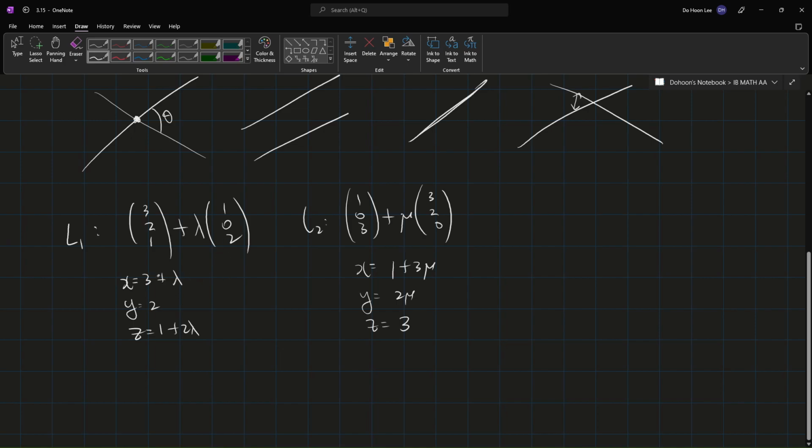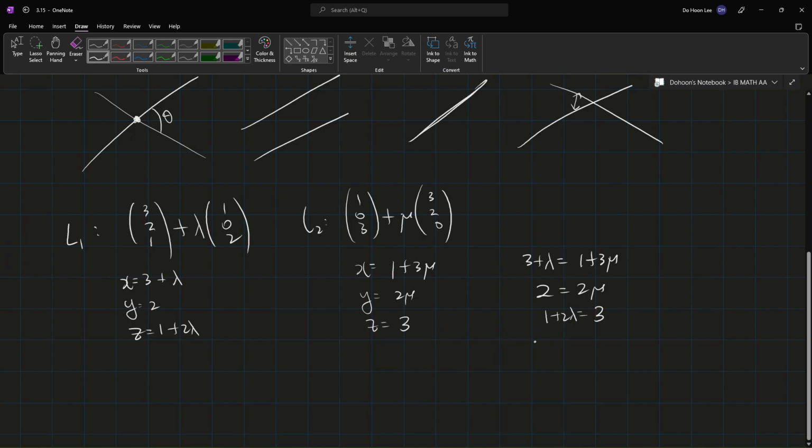And if I'm looking for the point of intersection, then I know that x and y and z values should all be the same, right? So I know that I have 3 plus lambda equals 1 plus 3 mu, 2 equals 2 mu, and 1 plus 2 lambda is equal to 3.